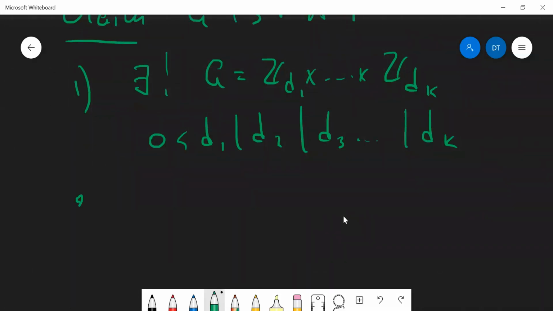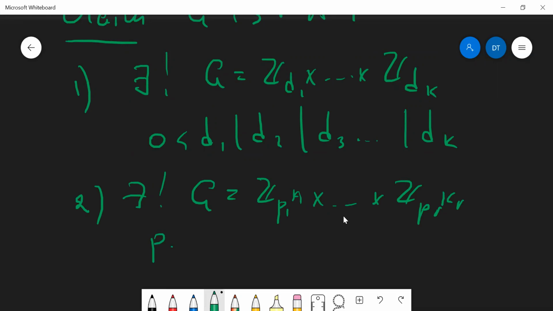And the second claim, we have a unique presentation of the group G in the form Z_{p1^k1} times etc. times Z_{pr^kr}, where the p_i are prime numbers, not necessarily distinct ones. So they may repeat.